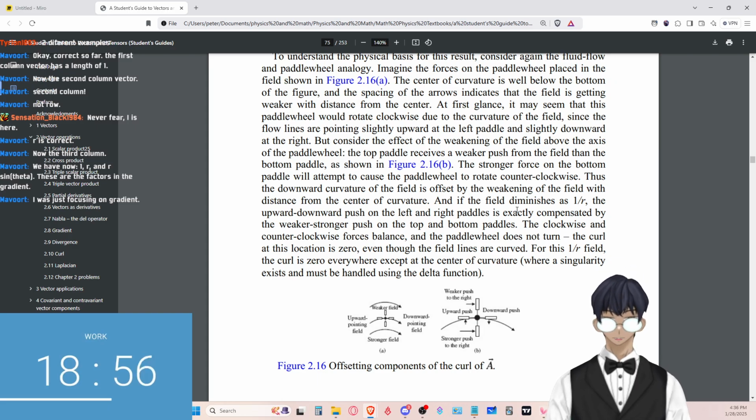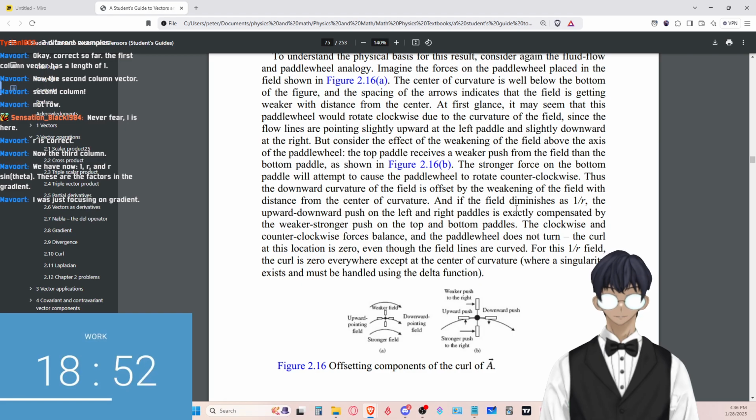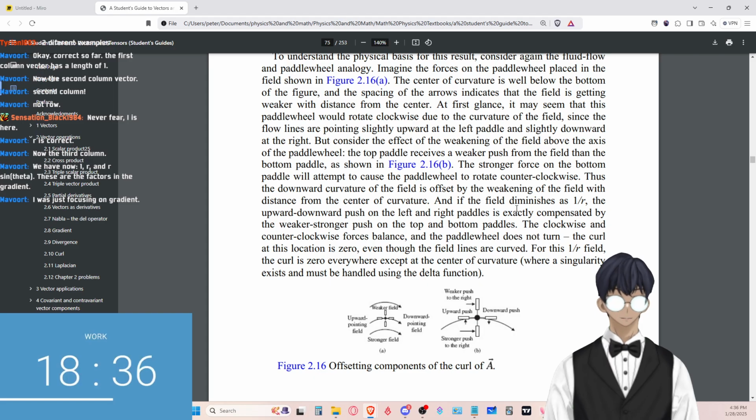The stronger force on the bottom paddle will attempt to cause the paddle wheel to rotate counterclockwise. Thus, the downward curvature of the field is offset by the weakening of the field with distance from the center of curvature.